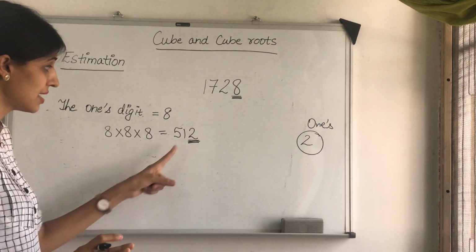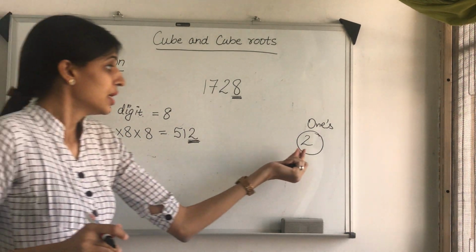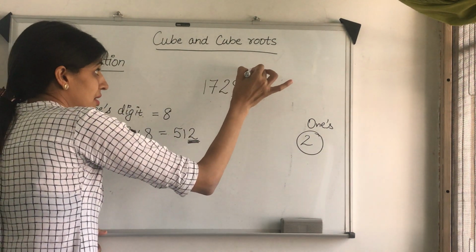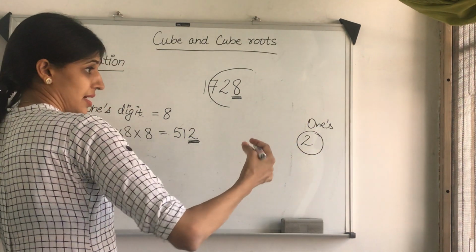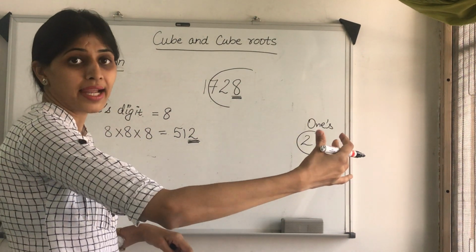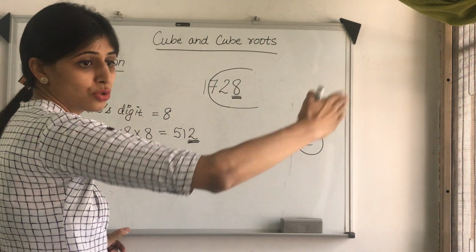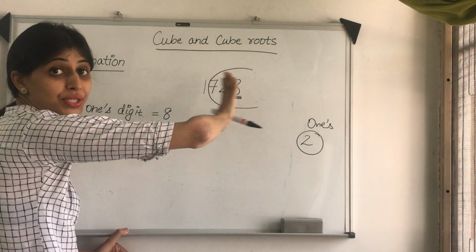This is clear till now? Now what we have to do, from the right, this is the right hand side, this is the left hand side. From the right hand side, we have to take out 3 digits to a separate place. Forget about these 3 digits.